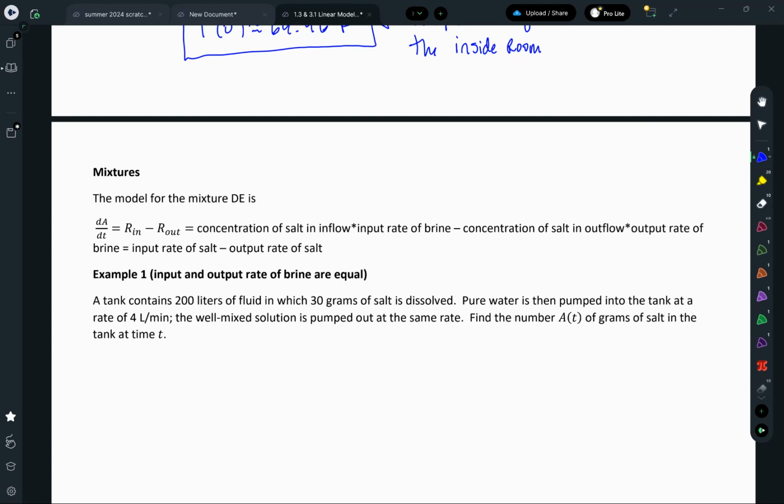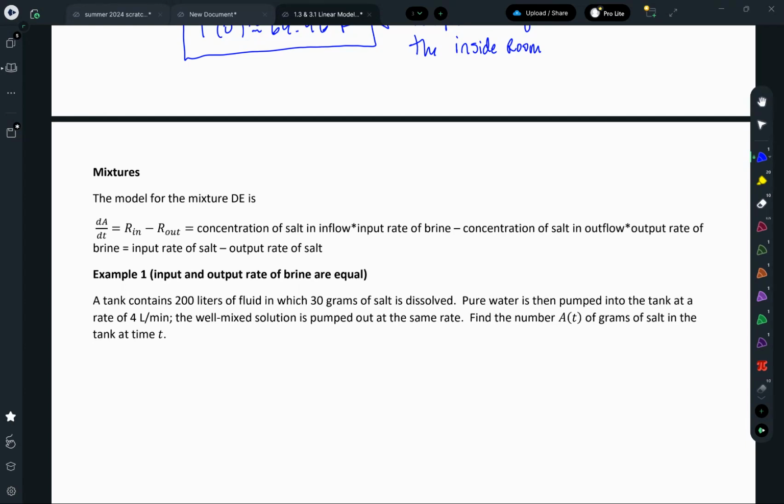But the model is dA/dt equals big R sub in minus big R sub out. Big R sub in is the concentration of salt in the inflow times the input rate of brine. Brine is a salty water solution. Okay, that's all it is.